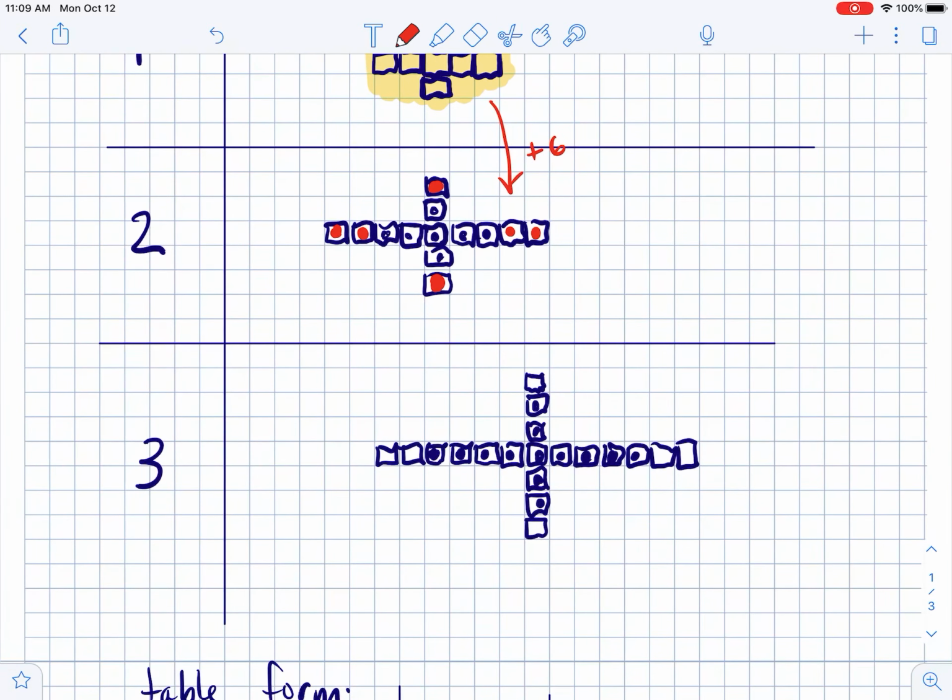Any ones I didn't fill in are new blocks. Here's 1 on top and 1 on the bottom, and then 2 more on the left and right. So this was another plus 6 jump. It's growing arithmetically, which means in terms of functions this is a linear function, and it would make a straight line on a graph.